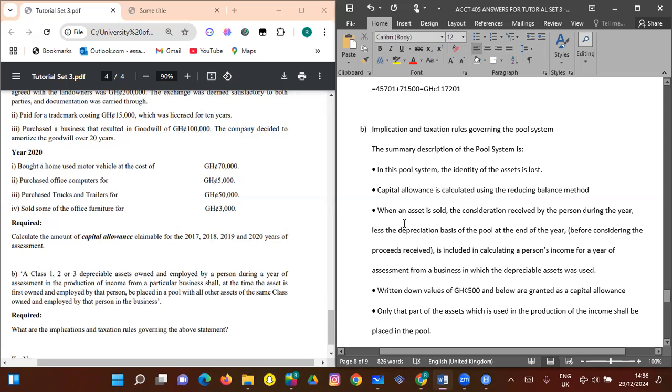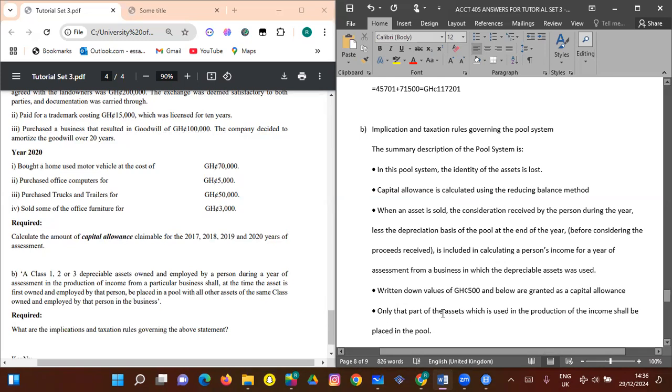And when an asset is sold, the consideration received by the person during the year less the depreciation basis at the end of the year, right? So it's included in calculating the person's income for a year of assessment from a business in which the depreciable asset was sold. Then written down value of 500 cedis and below is granted as capital allowance.